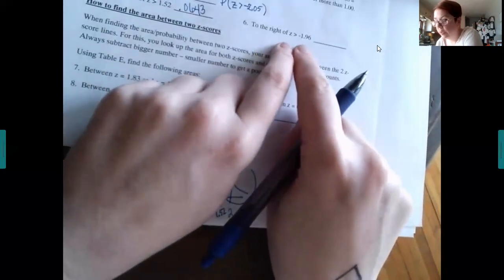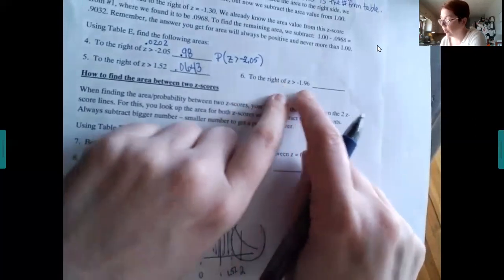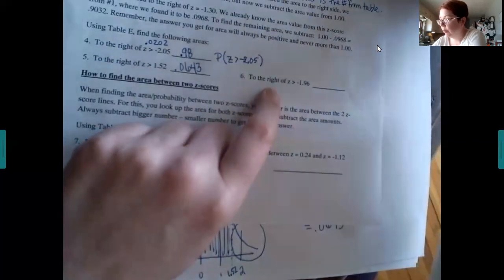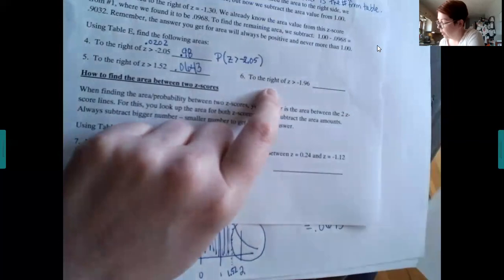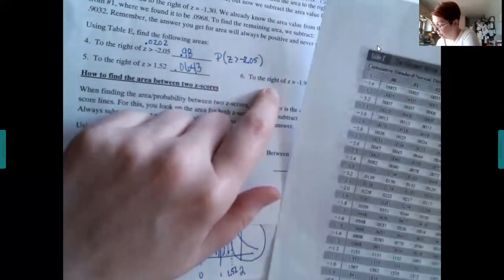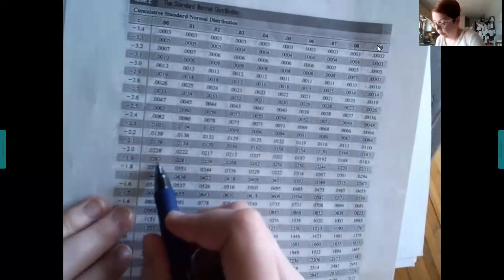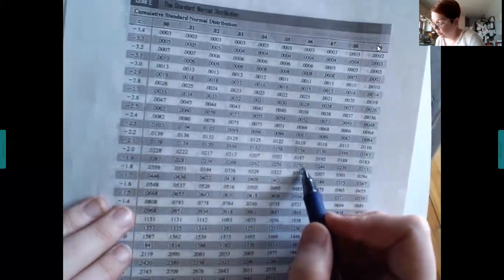Okay. And again, looking up z at negative 1.96, we're going to look up negative 1.96 on the table. And we get negative 1.9, then 0.0250.